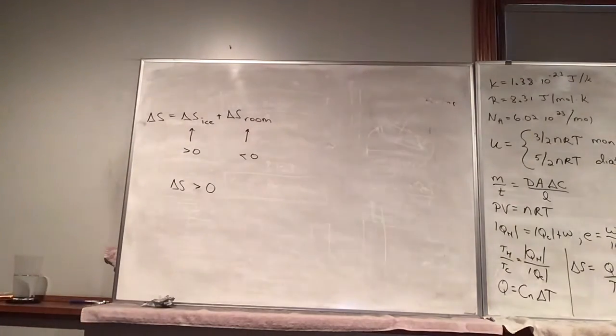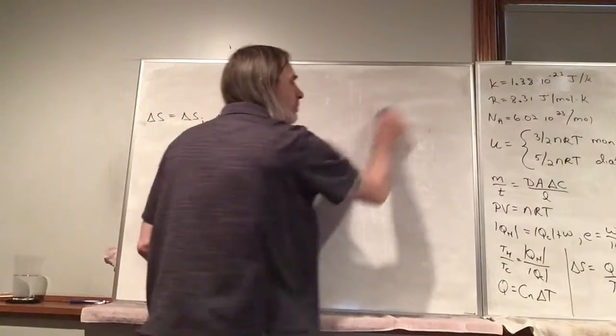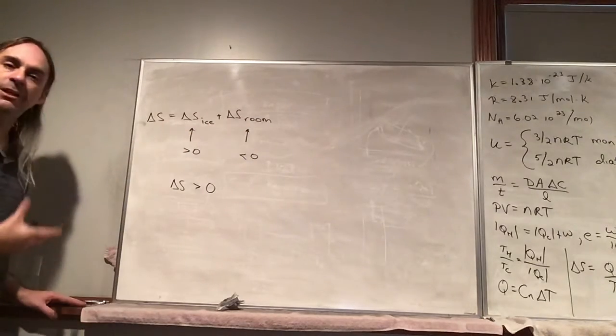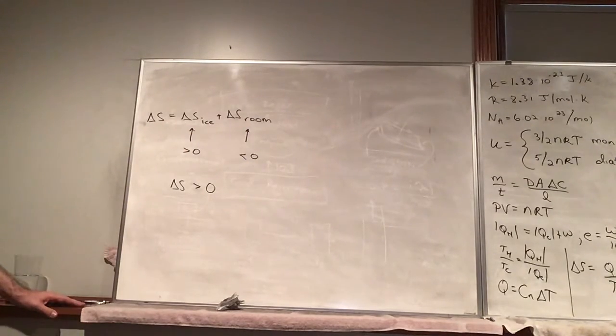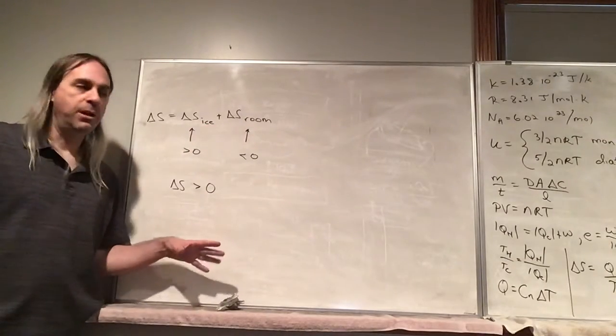And that kind of brings us to the second law of thermodynamics. When you look at the entire system, not just a part of it. Like if we just look at the room, entropy is decreasing, because heat is leaving the room.